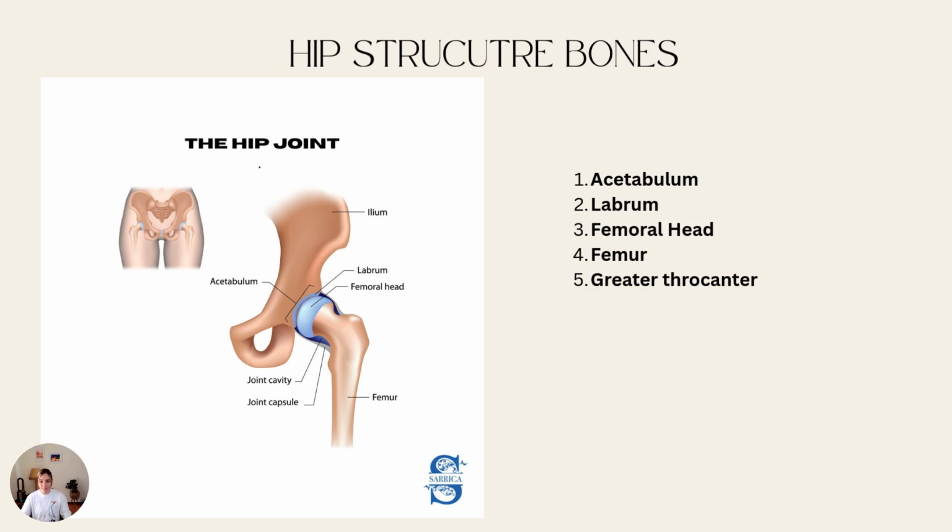But there is something quite interesting. The femoral head receives its blood supply from the medial femoral circumflex artery. Don't worry if you're like, what? It's just the artery that supplies the blood to the femur head.